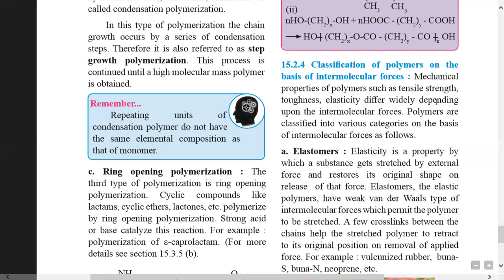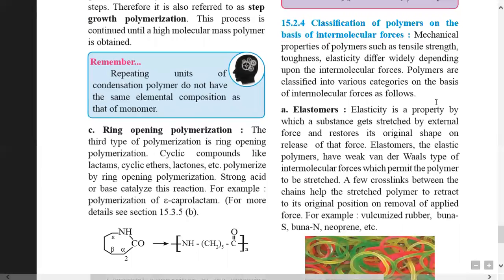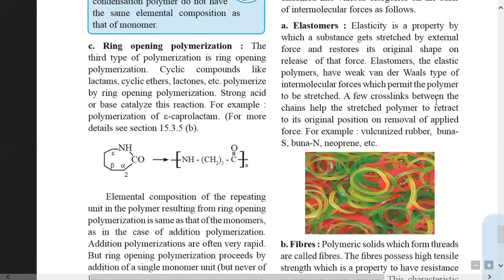The polymers are classified into various categories on the basis of intermolecular forces. The first category is elastomers.